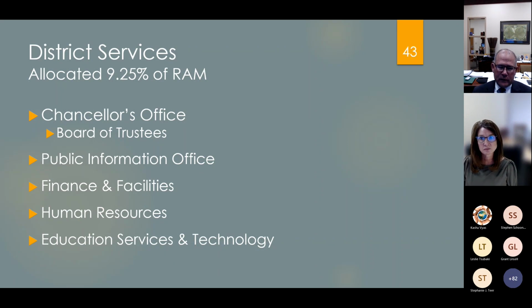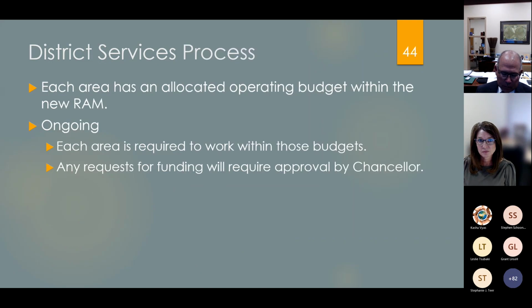So when the campuses have additional revenues they're generating, the district receives additional dollars. If there are reductions at the campuses, district services also take into consideration those same reductions since it's based on the overall RAM.